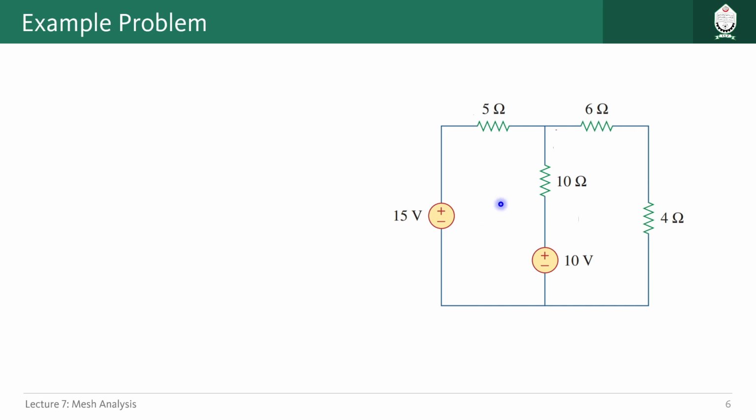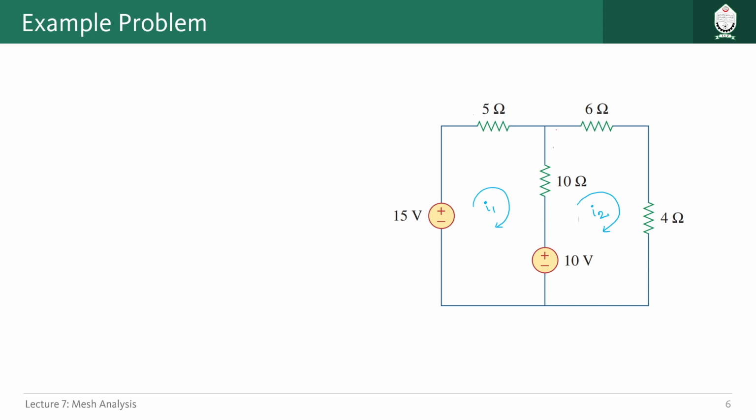According to our step 1, we first have to define the mesh currents for each of the meshes and also their direction. We are just going to take the clockwise direction for each of the meshes. Something like this one, let us call this I1, and for this one let us draw another current, which is I2. Now we have two unknown mesh currents, I1 and I2.